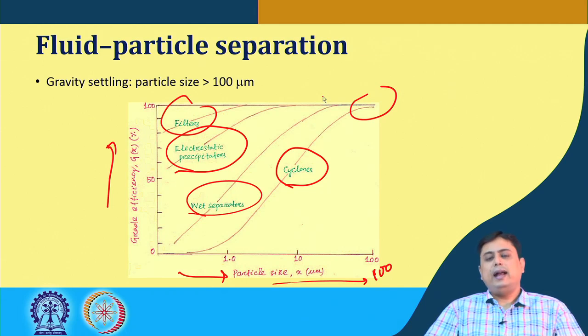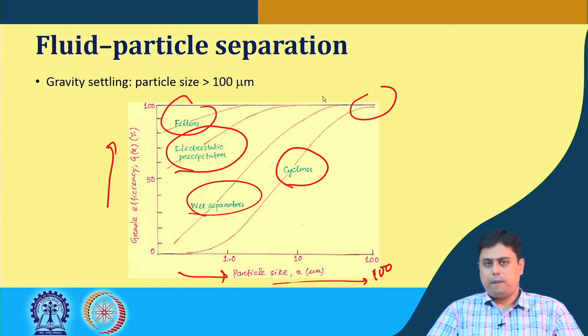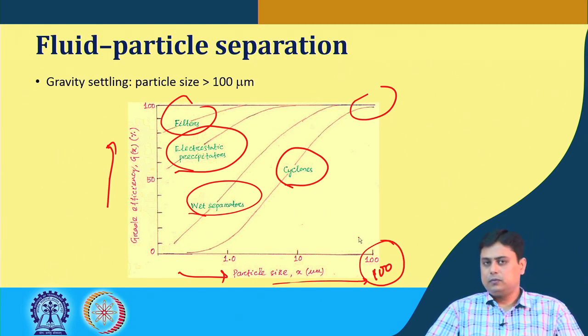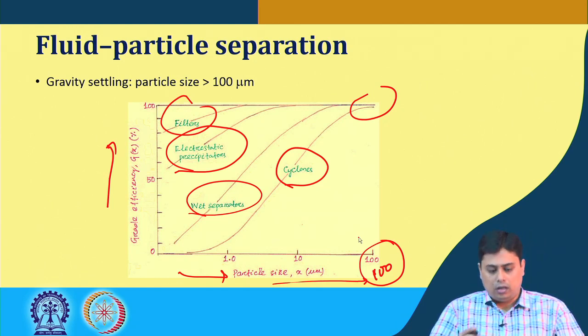But above that, since we have to introduce the vortex inside the cyclone, it requires higher tangential velocity, which means higher pumping pressure. So, the energy cost compared to gravity settling is higher. And that is why it is recommended that when the size goes below 100 micron, then we can use any of these separation processes.